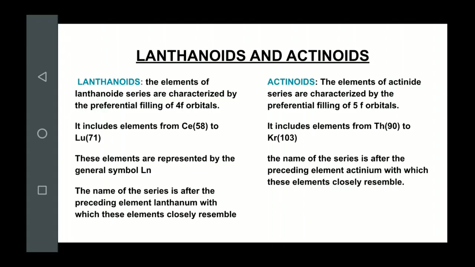In this picture, it is wrongly written as Kr. It is Lr, Lr 103, that is lawrencium 103. The name of the series is again after the element actinium, with which these elements closely resemble in their physical and chemical behavior.